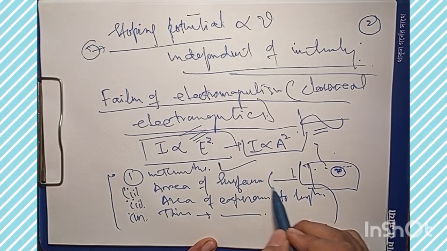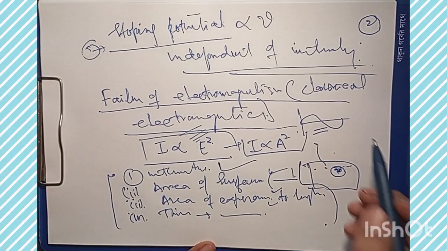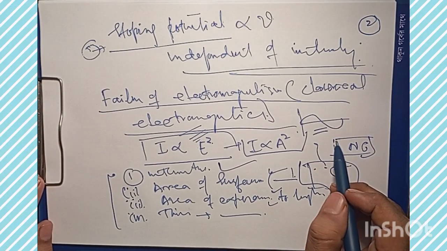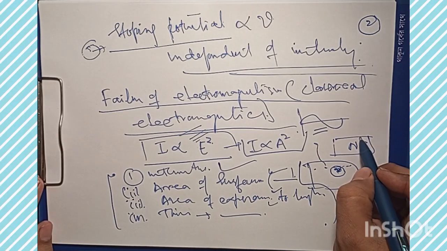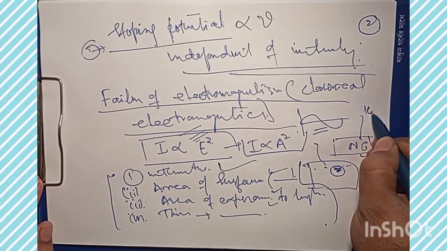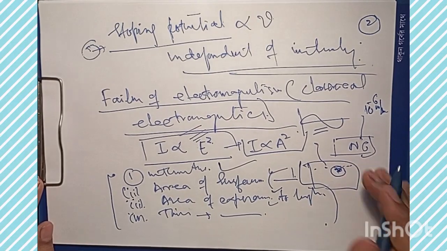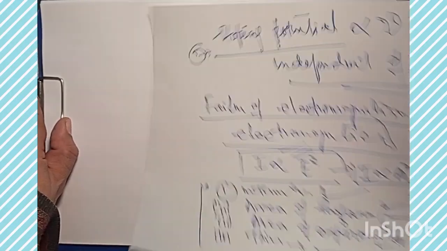Now, taking these things into consideration, suppose the light is falling on a surface of sodium, and a detectable photoelectric current will be obtained when we have a power of 10 to the power of minus 6 watt per meter square of electromagnetic energy applied on this sodium plate.